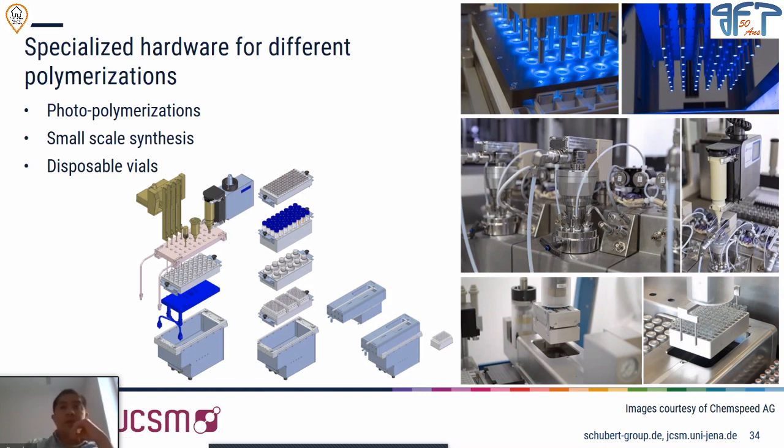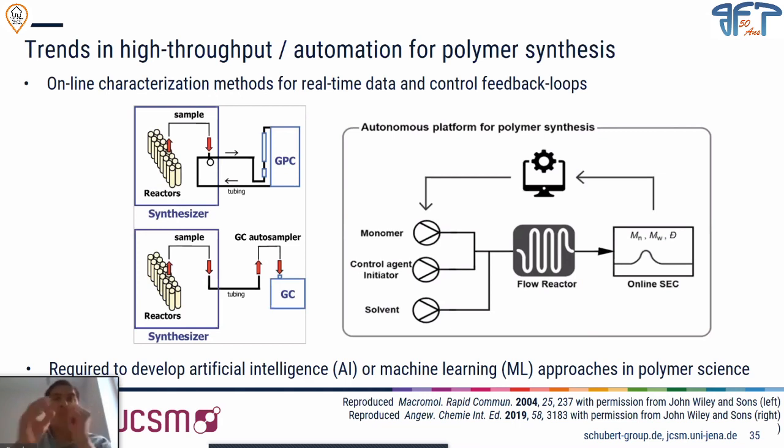And I will move a bit faster now due to the time. But what's next? I guess at this stage, we are very good in terms of doing polymerizations with automated parallel synthesizers, I must say. Somehow we managed to follow the reactions, take samples to characterize the polymers, the materials, or to measure the kinetics somehow offline.